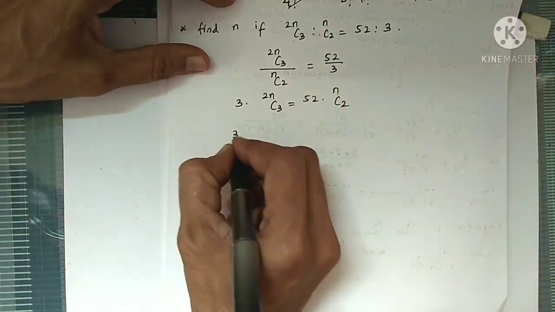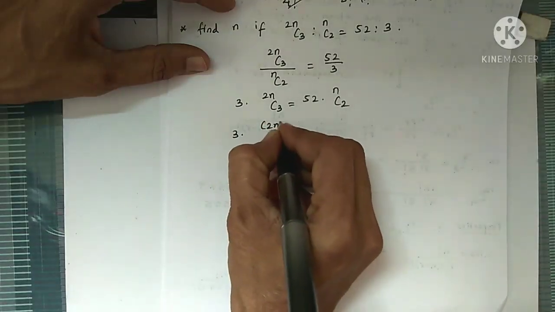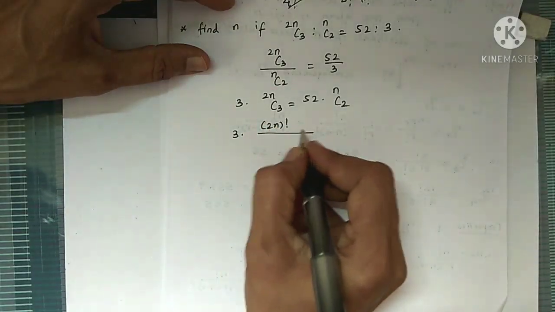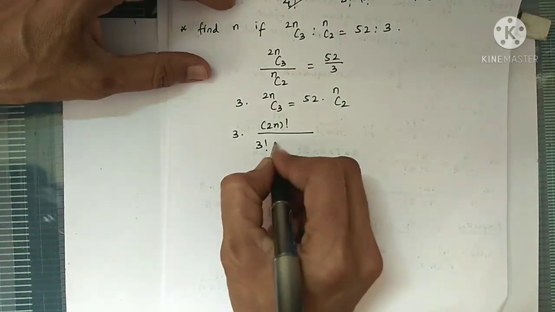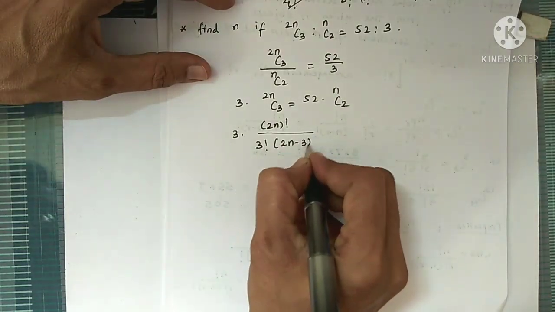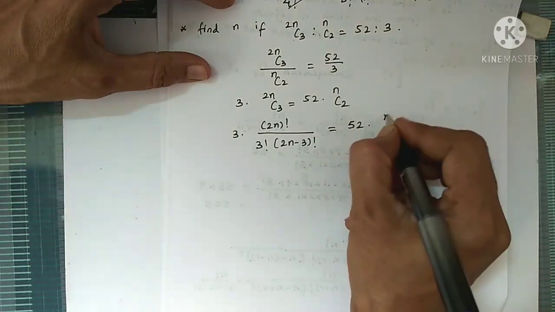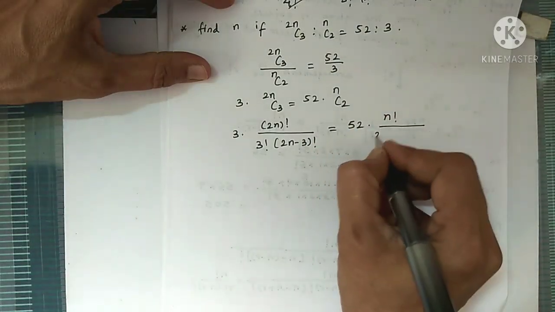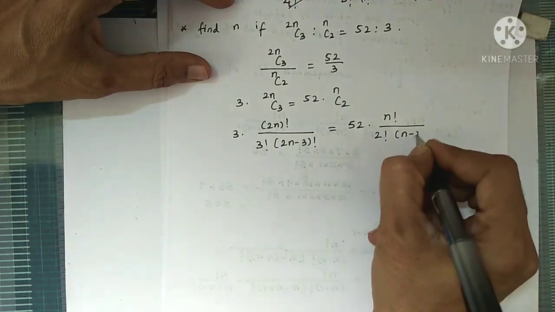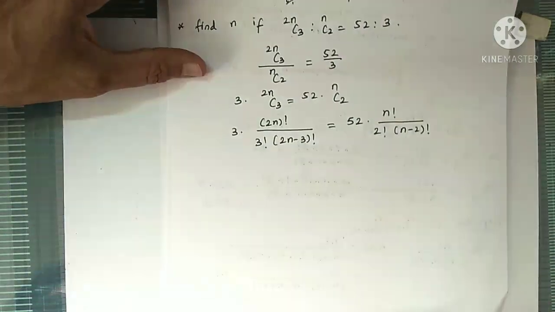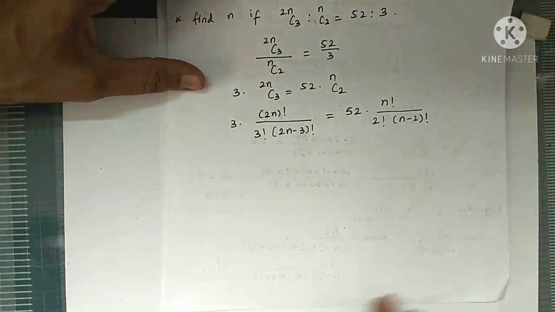So this is 3 multiplied by 2n factorial, then 3 factorial, difference is 2n minus 3 factorial, equal to 52 multiplied by n factorial, 2 factorial, n minus 2 factorial. So we don't want this factorial notation.